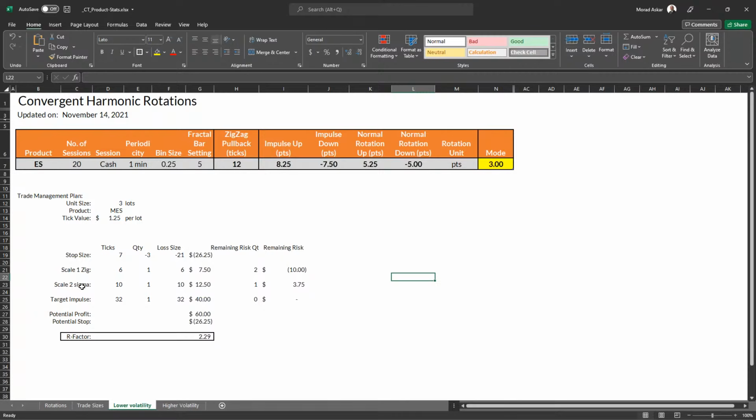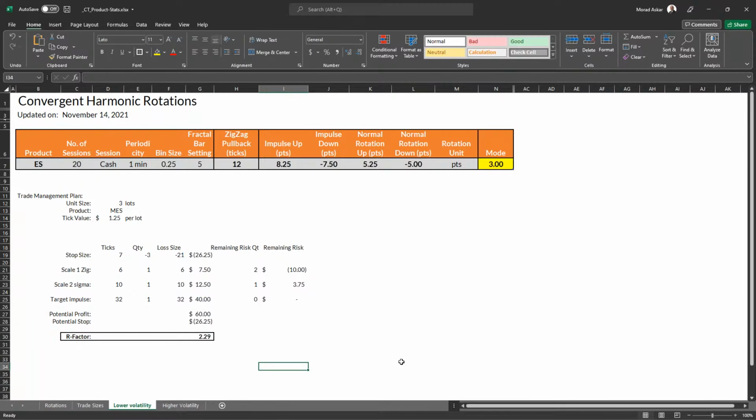If I get my target, which is at 32 ticks, I gain 32 ticks, which is worth $40. If I sum these up, my potential profit is $60, and if I get stopped out for the full amount, the loss is $26.25. My R factor is 2.29.